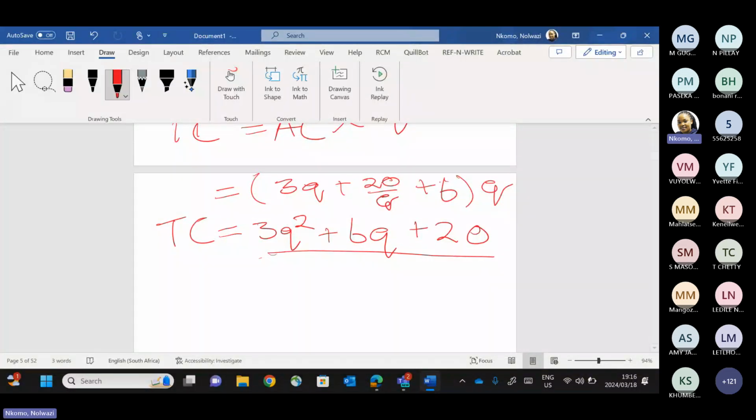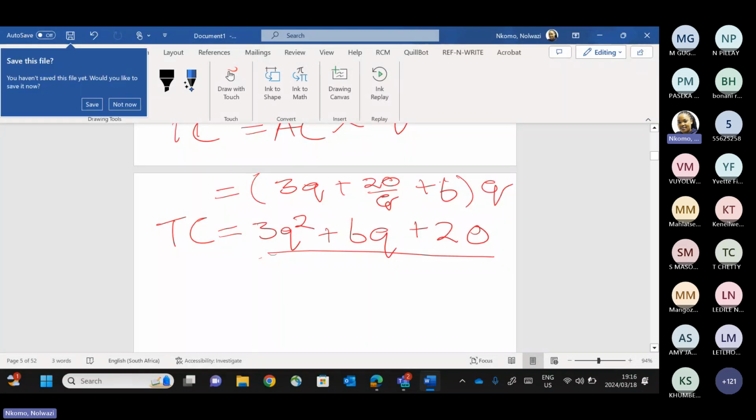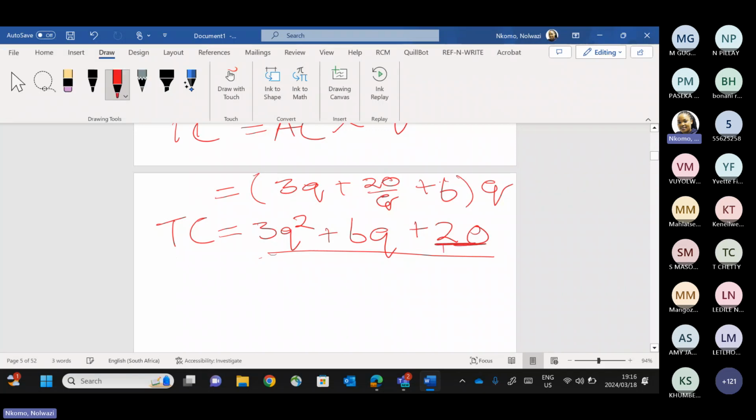Remember, we said a total cost consists of the fixed cost plus the variable cost, right? Fixed cost is always a constant.